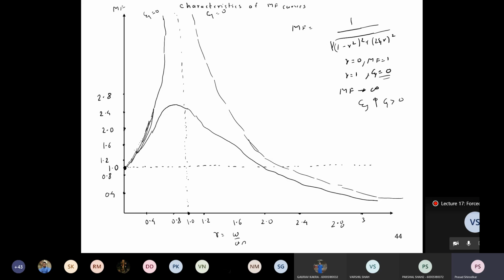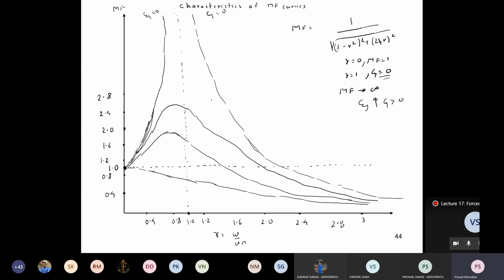Now there is some critical value. Okay, now if I keep on increasing zeta, then the peaks are going to appear. Right. Now at a certain particular value of zeta, this peak disappears. Okay, so we will discuss when this happens, but try to understand how to construct these curves.